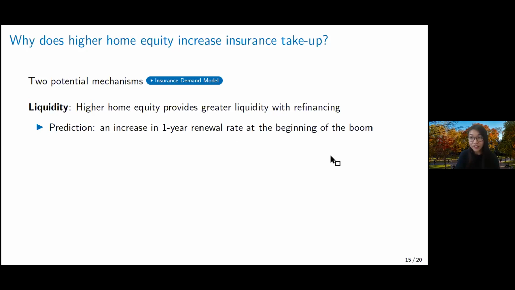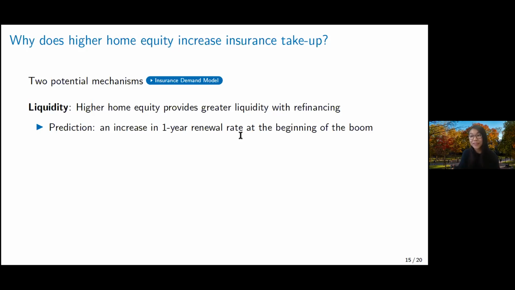In the insurance literature, insurance non-renewals are often associated with liquidity constraints. If this channel is actually the main channel creating the relationship we see, then we are also going to see a decrease in non-renewal and an increase in renewal rate.